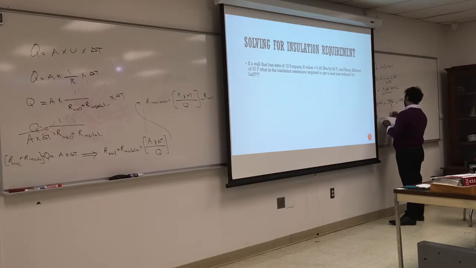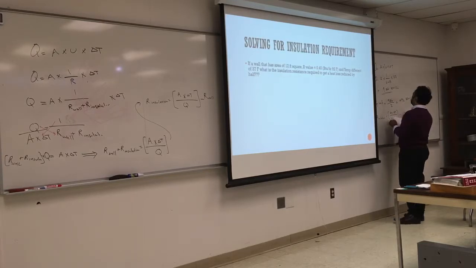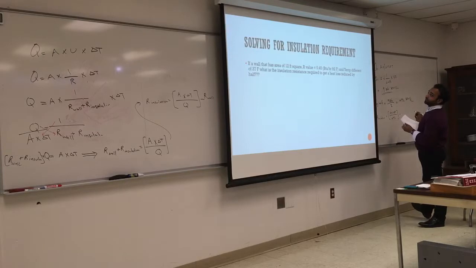I'm using the equation area times delta T over 493 minus R wall, which is 0.45.